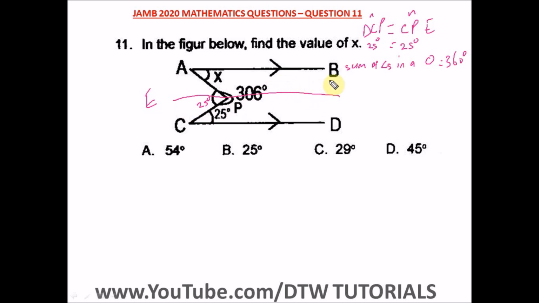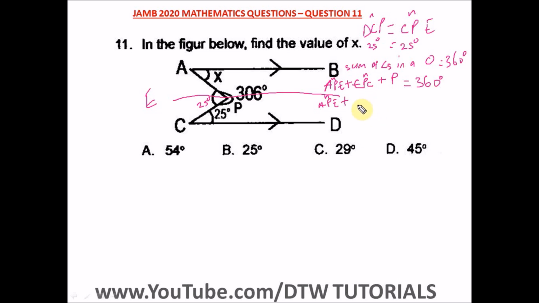We have angle APE plus angle EPC, which is EPC, plus angle P, all equal to 360 degrees.